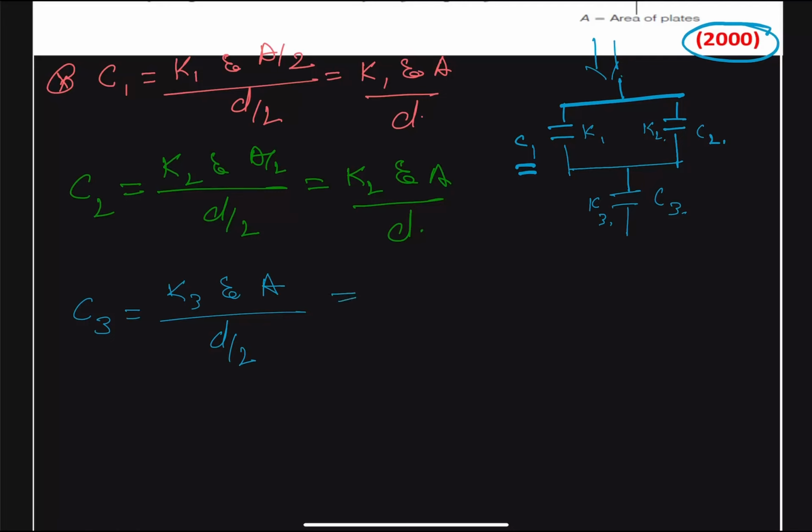So this comes as 2 K3 epsilon naught A divided by D.